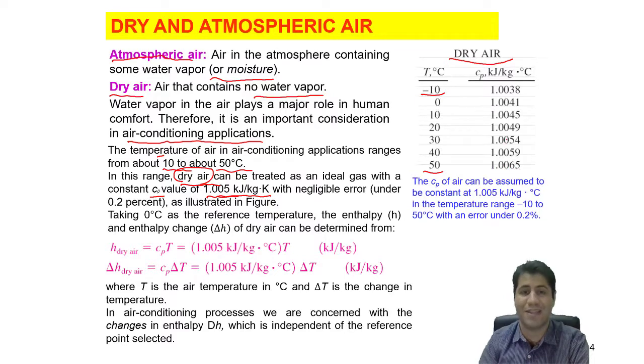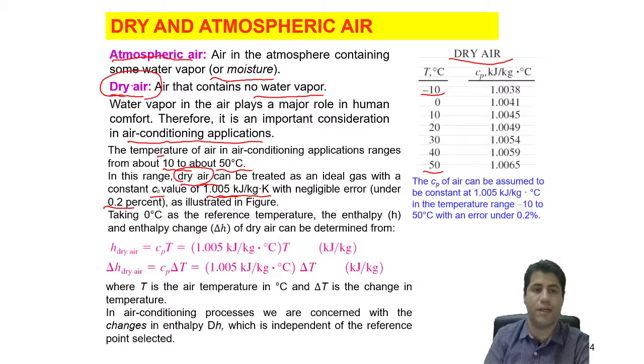So you can see it is not that much changed. And we can assume that in all of these temperatures the heat capacity is equal to 1.005 and the maximum error will be less than 0.2%. A good simplification to deal with air, or dry air actually.